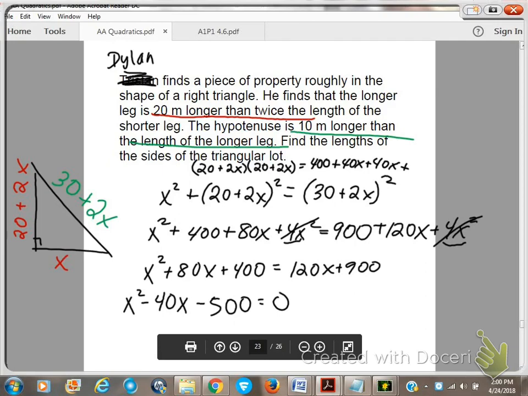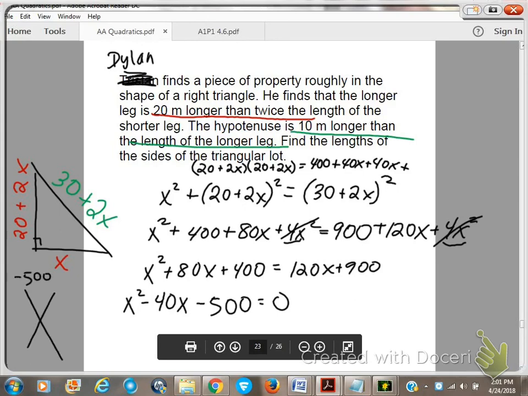All right, now at this point, you can use your graphing calculator, but Easton, does that factor? Possibly. Can you multiply to be 500 and add to be 40? Technically negative 40. I was thinking 50 and 10 might work.